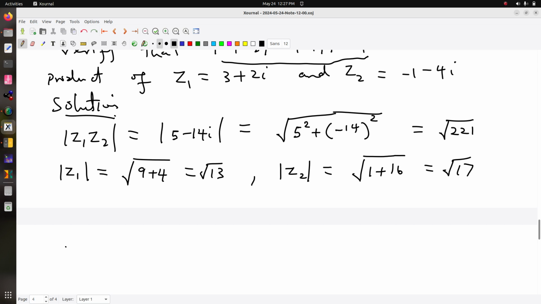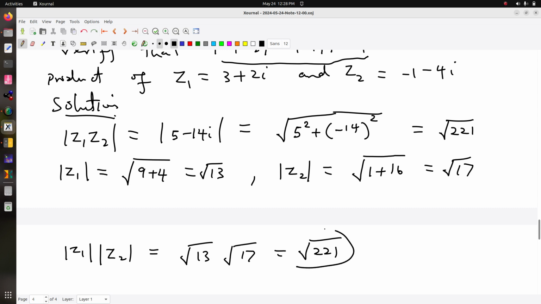Now, if you find the product of the modulus of z1 and the modulus of z2, it will be square root of 13 multiplied by square root of 17, which is square root of 13 multiplied by 17, and that will give us the square root of 221.